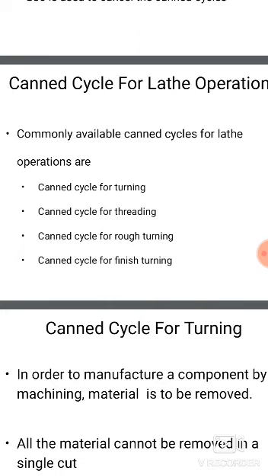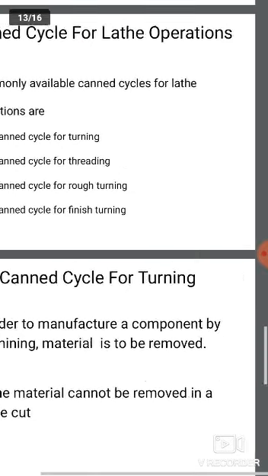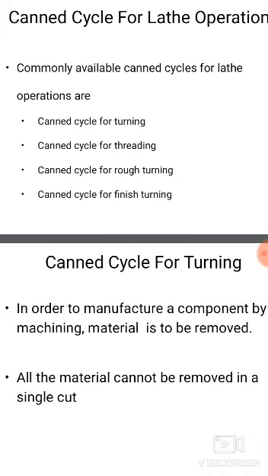In order to manufacture a component by machining, material is to be removed. All the material cannot be removed in a single cut. So for that purpose, the statements keep repeating in some programs.